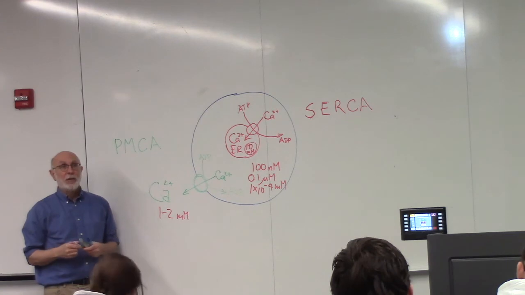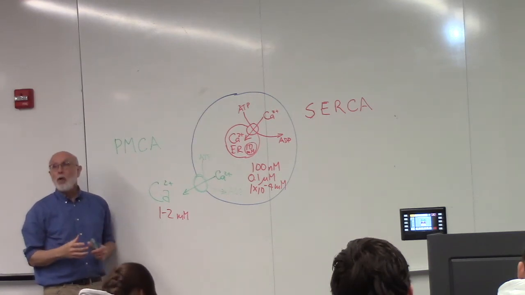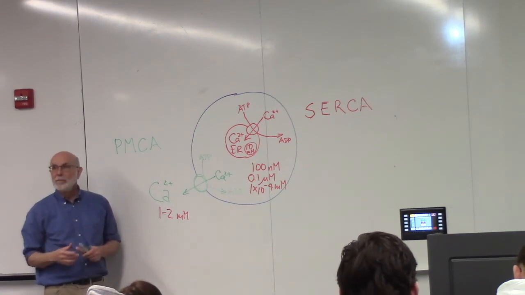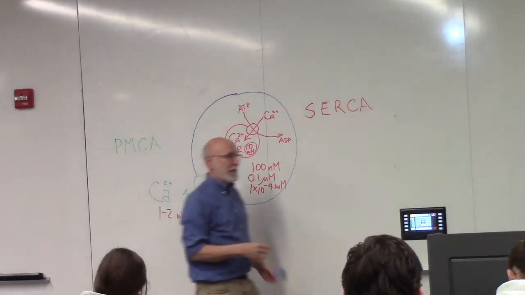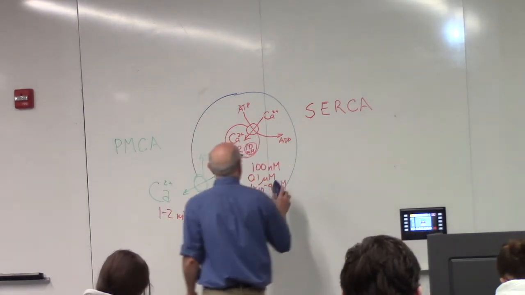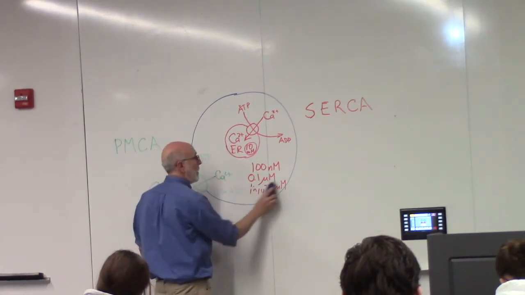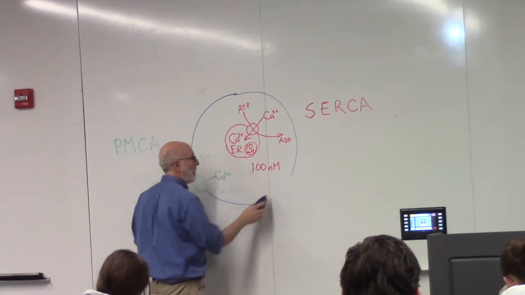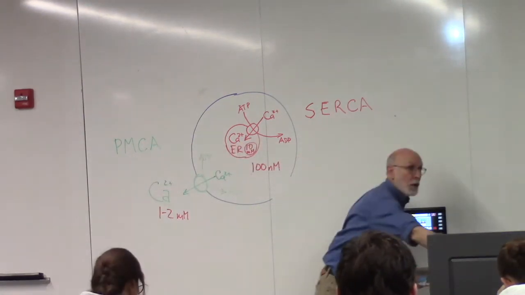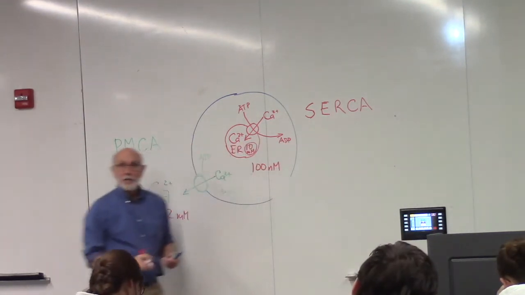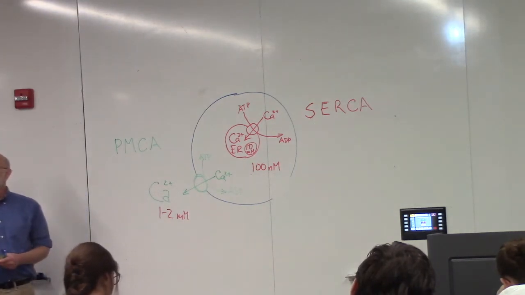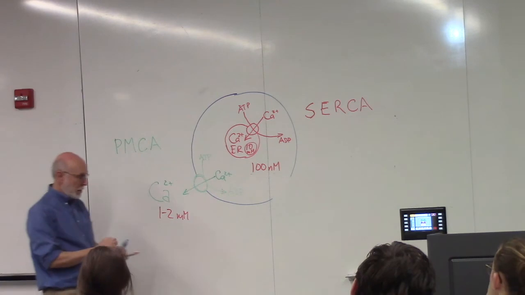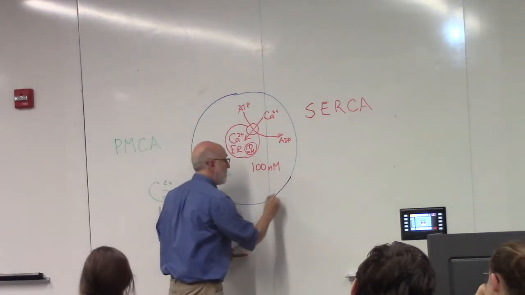Like 4 orders of magnitude. 5. That's a big group. Those are the primary active transporters that move calcium and create that very large calcium gradient.